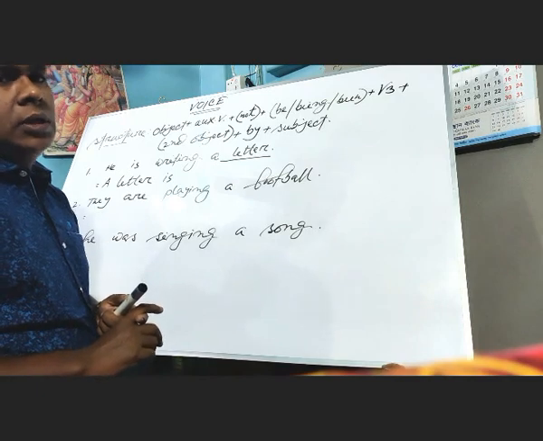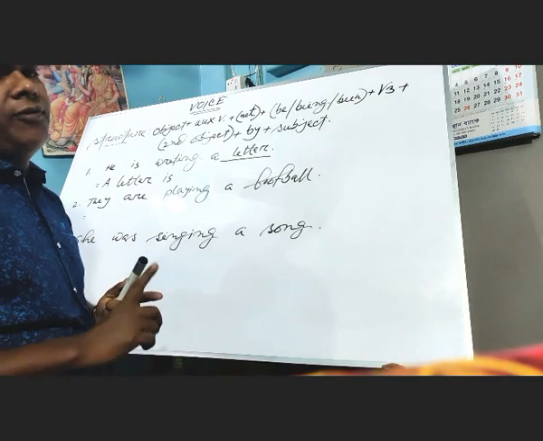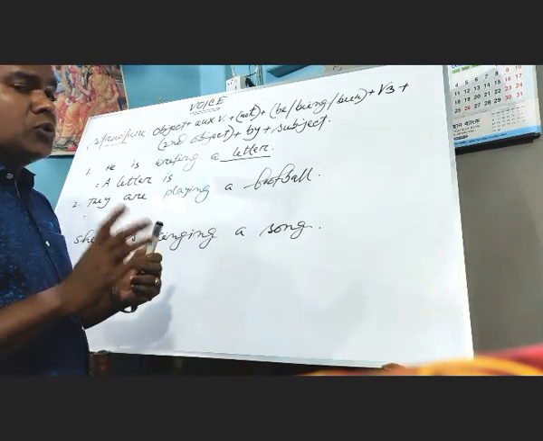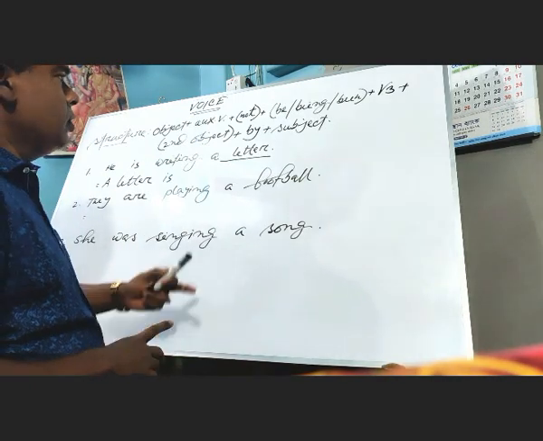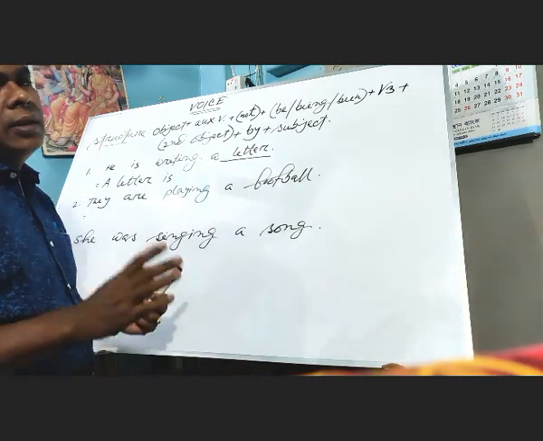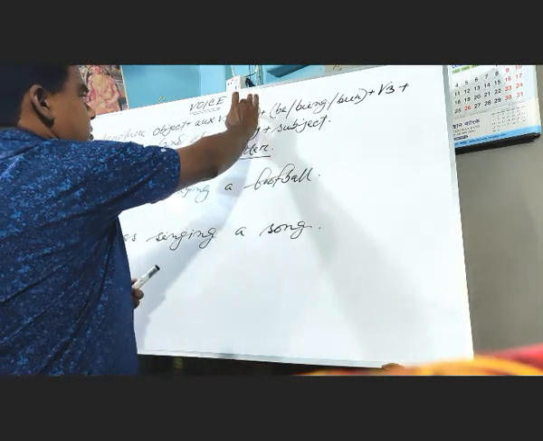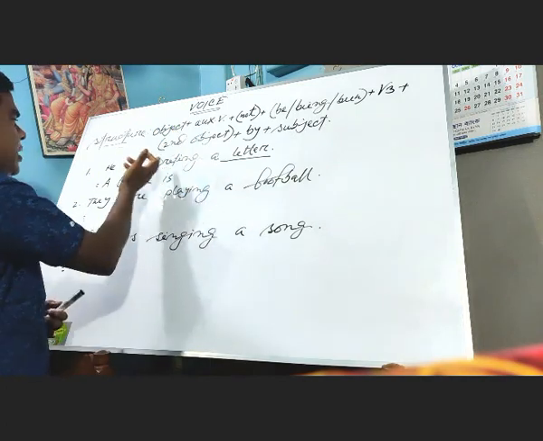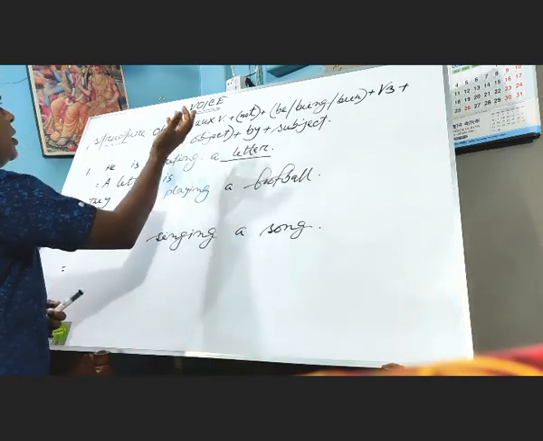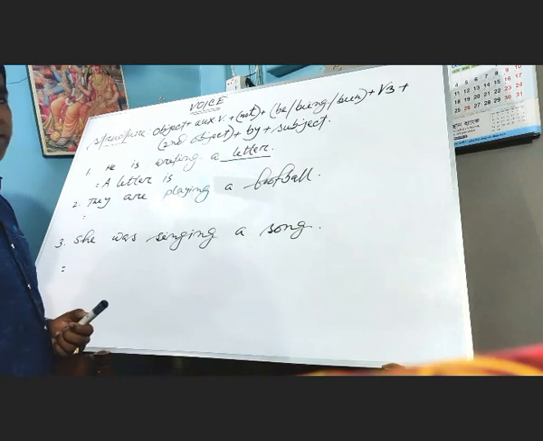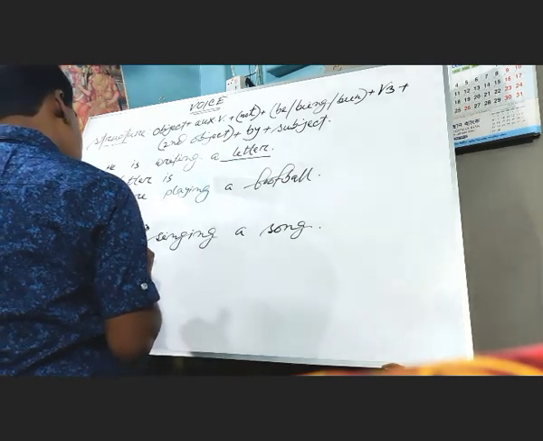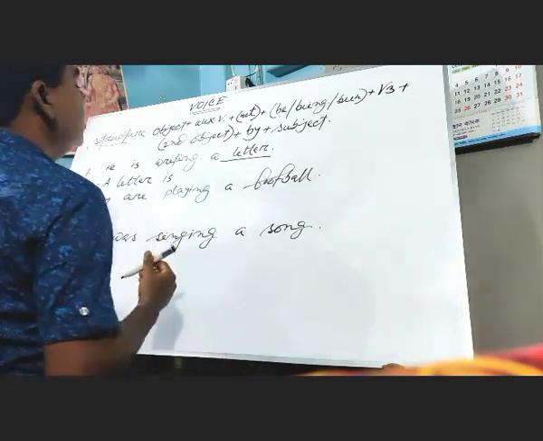You are allowed only when you find the mention of this word in the active voice. If you don't find the mention of this word in the active voice, then you are not allowed to write it. So I am not allowed to write not here, because there is no mention of not in the active voice. So now I will not write it.